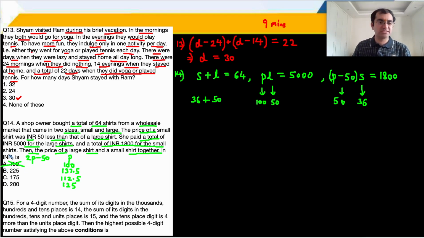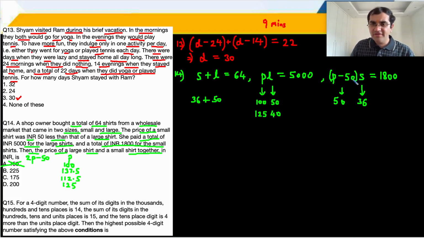Option A is not satisfying all of the conditions, and this has taken a very short amount of time, whereas forming the quadratic and solving it would become very lengthy. Okay, let's check and hope that the next available easy option can give us the answer. Put 125 over here. 5000 upon 125: 125, 250, 500, 4 times, so 40 times. So L's value is 40.